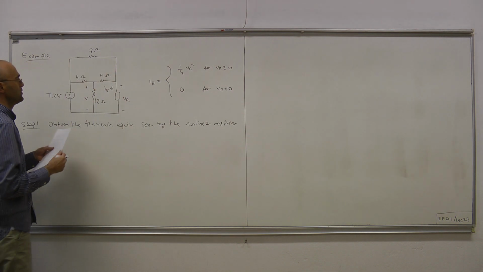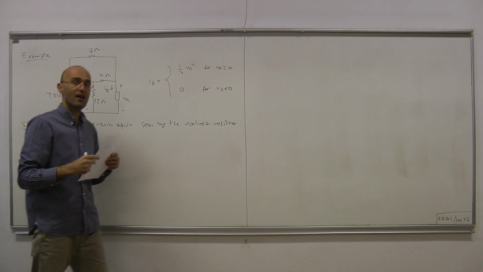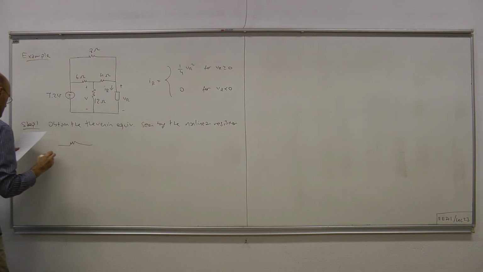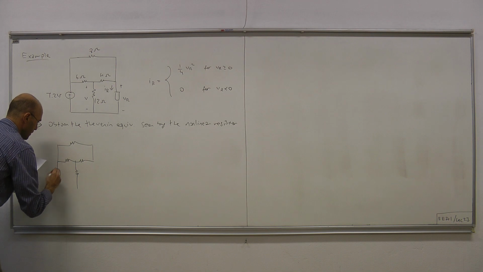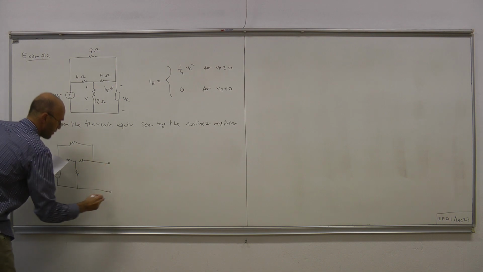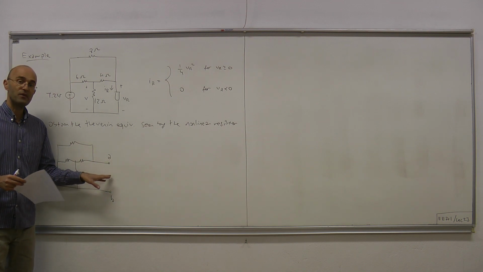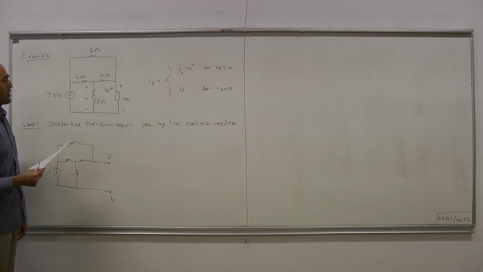That is, take this guy out and leave this circuit as a one port, with terminals A, B. This is what remains when you take this nonlinear resistor out.